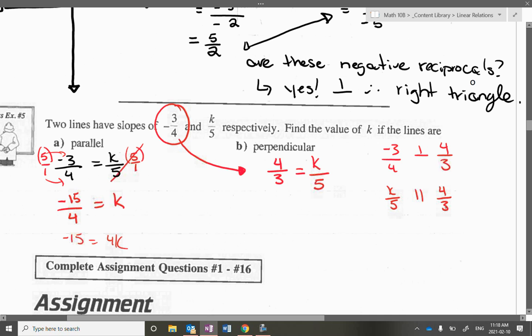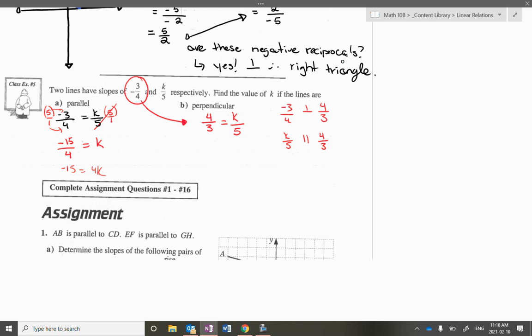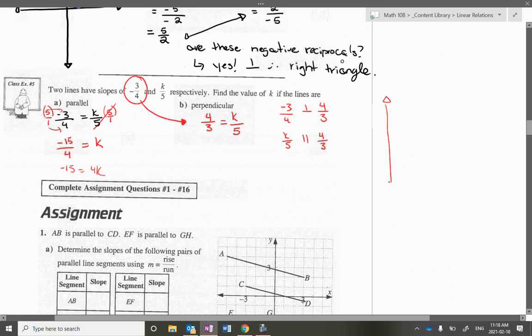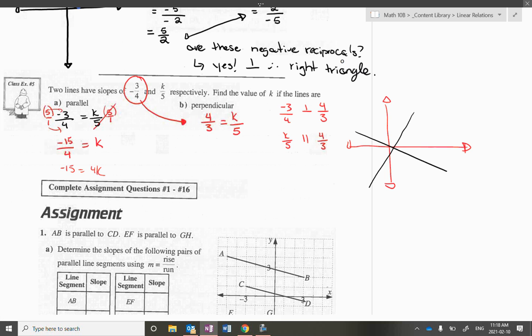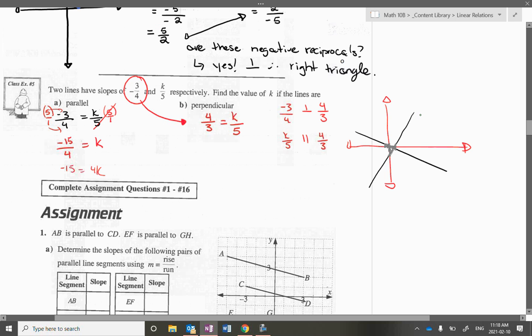So I took this first line. -3/4 is going to have a slope like this. A line perpendicular to that is going to be like this, right? So then I'm just saying this k over 5 line also is going to be a line like this then.